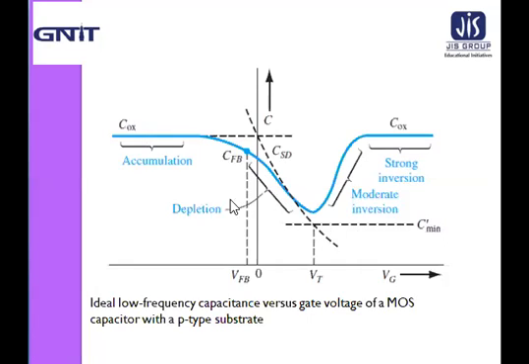Now the solid curve is the ideal net capacitance of the MOS capacitor.